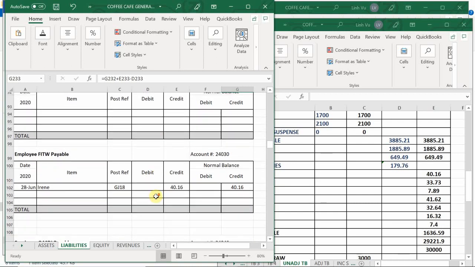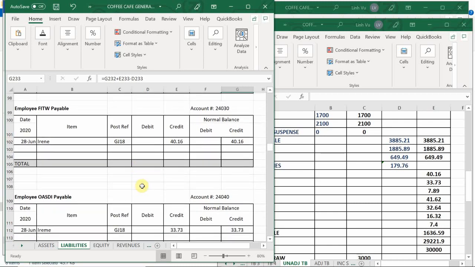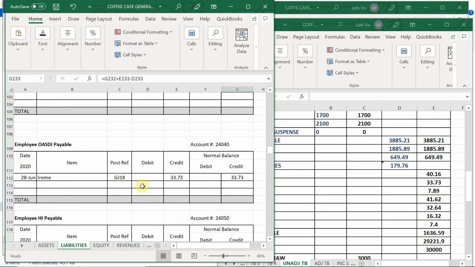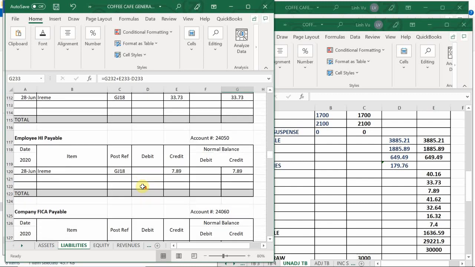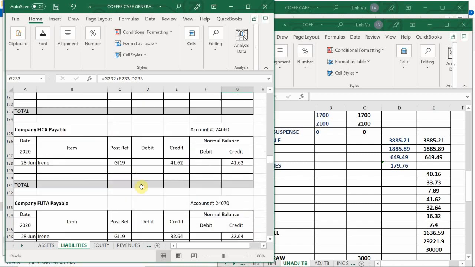Okay. What about my FITW? Yeah, we're supposed to have something. Yes, 4016. Yes, so this didn't change. What about my Social Security? Social Security 3373. It's still 3373. What about my Medicare? The same, $7.89.